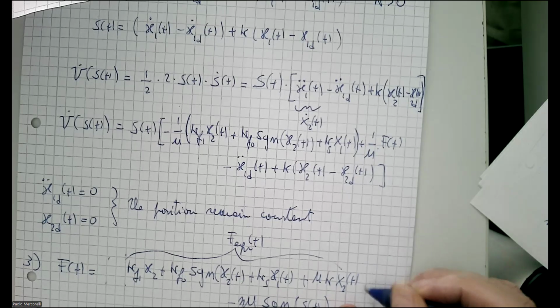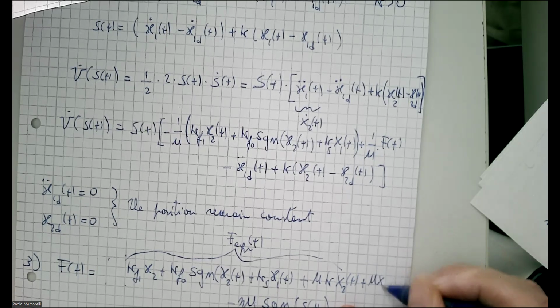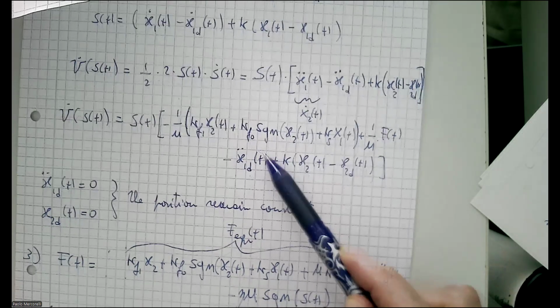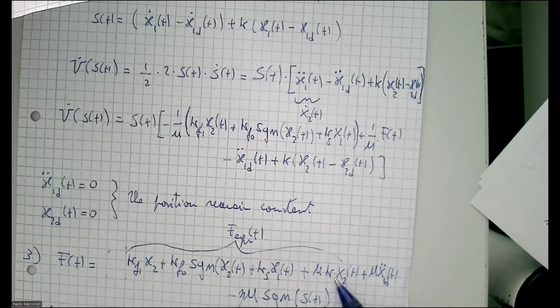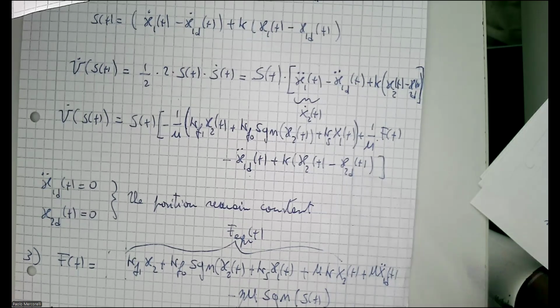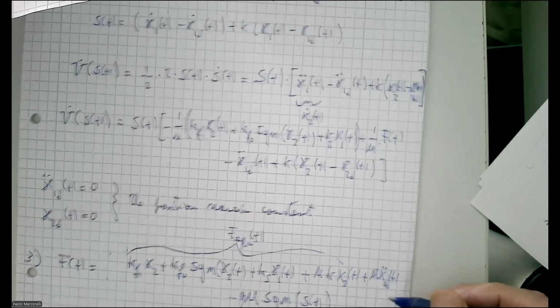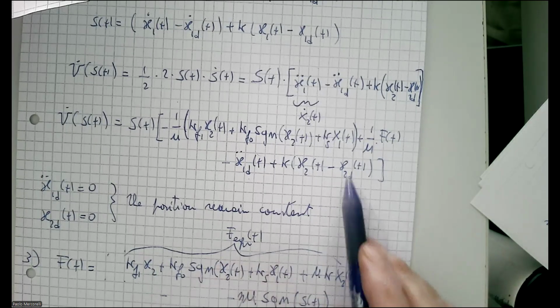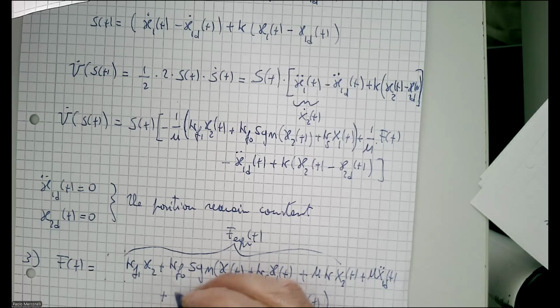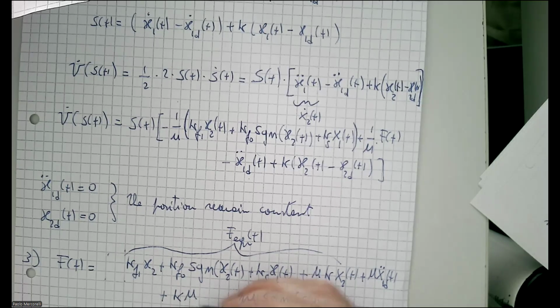This must be plus m multiplied by the second derivative of x1 desired, to compensate this. And I put this, but I also have to put this, plus k multiplied by m multiplied by x2 desired.